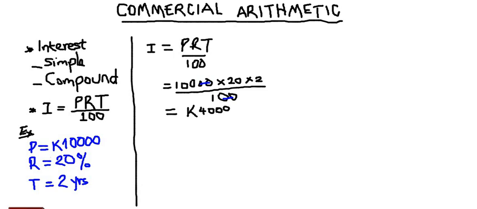So this is just the interest that will be accumulated on the principal over a period of 2 years, which means if this money, 10,000 kwacha, which was borrowed, is to be returned after 2 years, it will be returned as 10,000 kwacha plus 4,000 kwacha, which means what will be returned will be 14,000 kwacha.